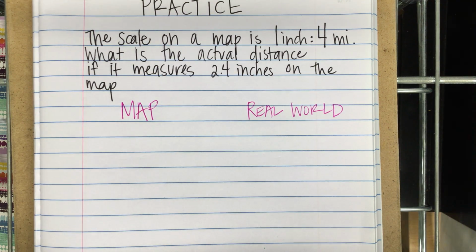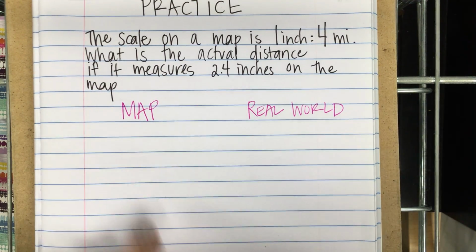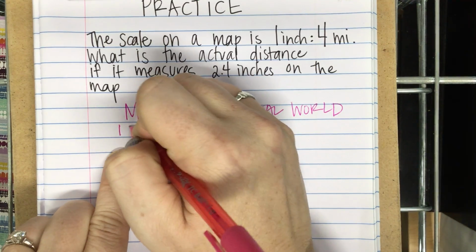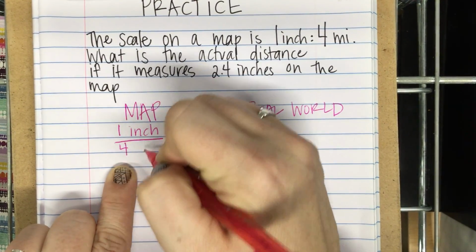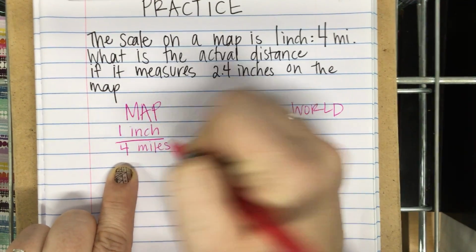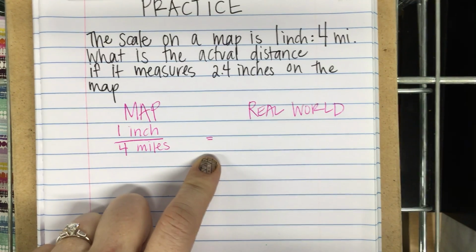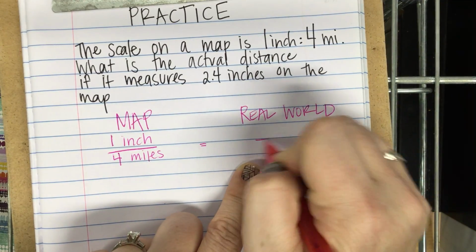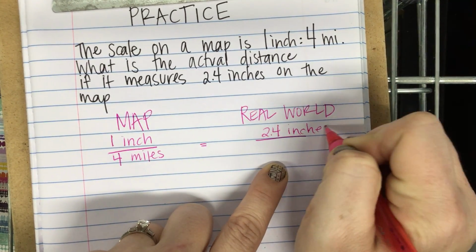What's my fraction, what's my proportion for the map? 1 inch is 4 miles equals, what do you know about the real world? 2.4 inches.